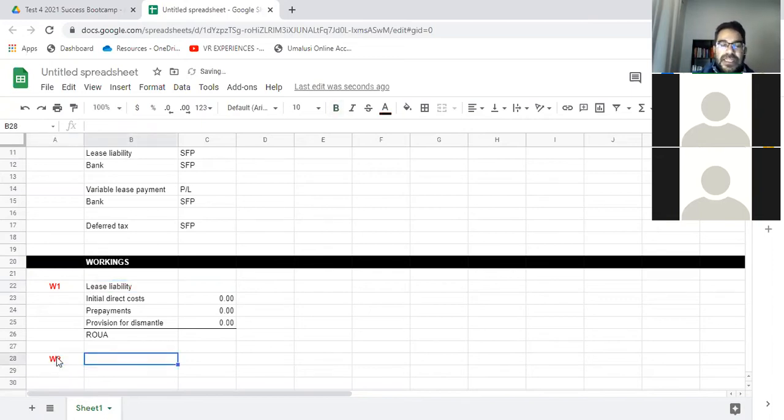So for the lease liability, I do the same thing. I train my brain to know that when I calculate the lease liability I have 5 components. What are the 5 components? Fixed lease payment, variable lease payment, but linked to an index.